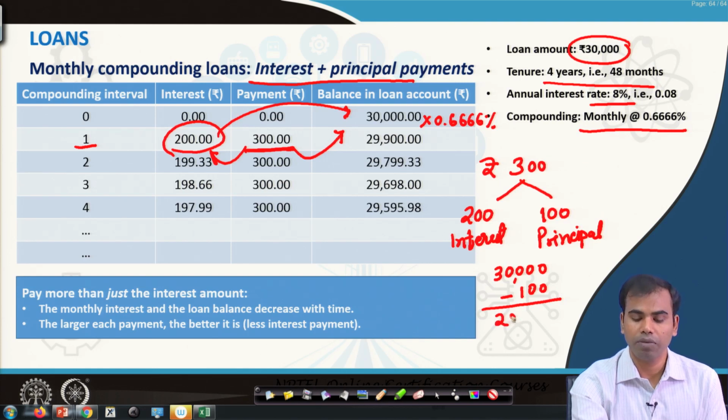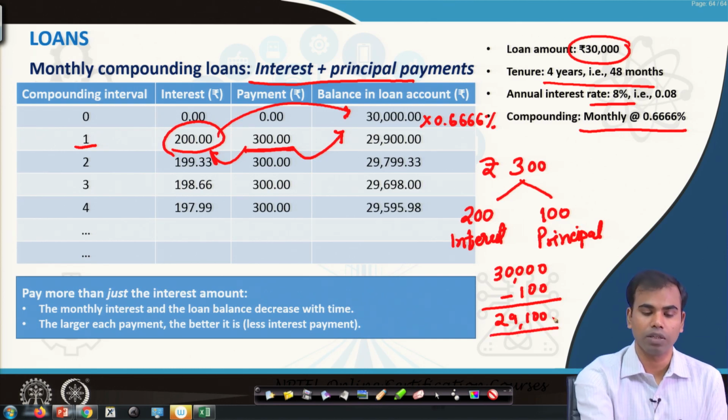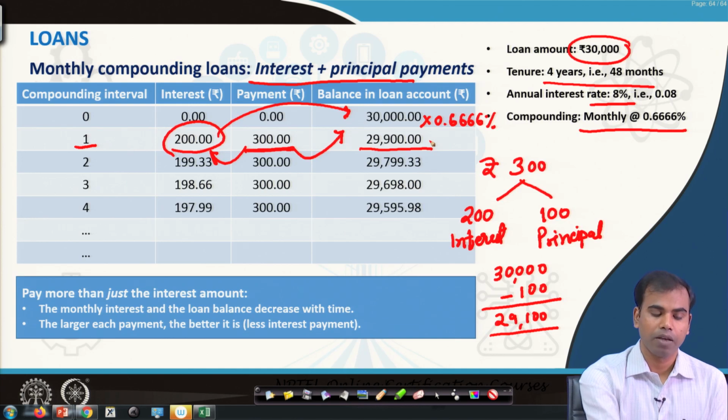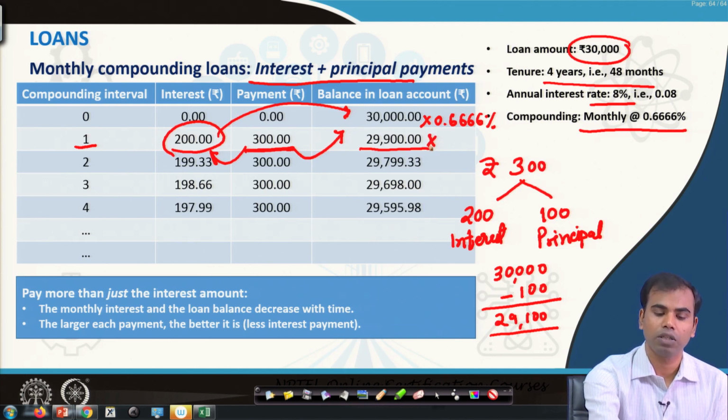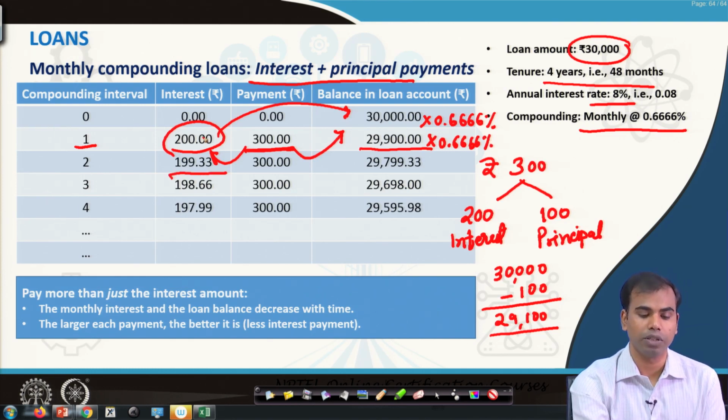So, your effective principal amount at the end of the first period will become 29,100, which is the case here. For the next period, the interest will be charged on this 29,100 at the rate of 0.6666%, and that is why it is less than 200 rupees.